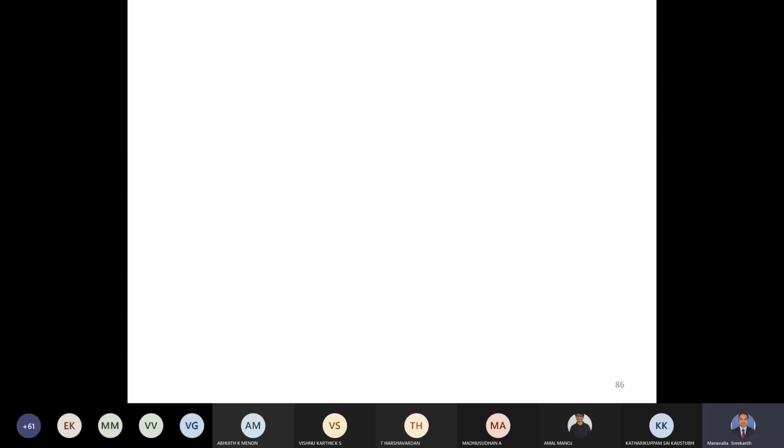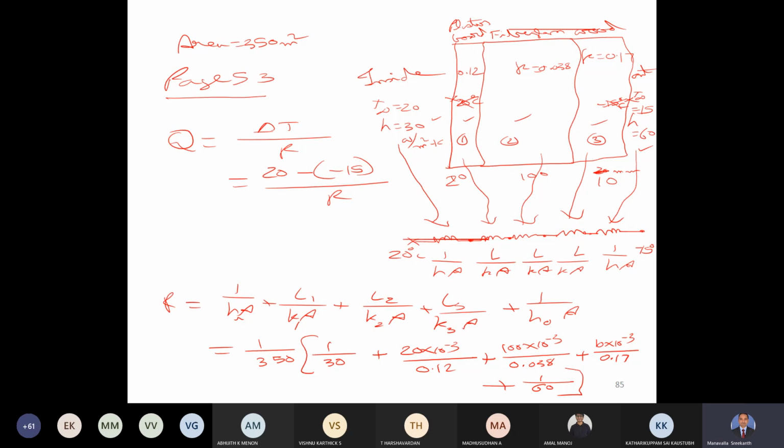Now I will go to the next page and break it up. 1 by 350 multiplied by, I will write each term separately because we will need that later on.